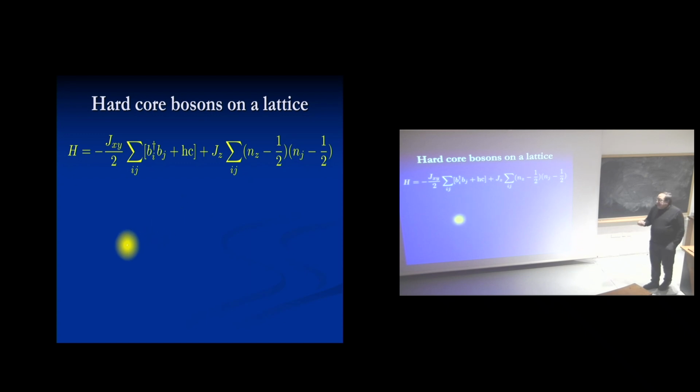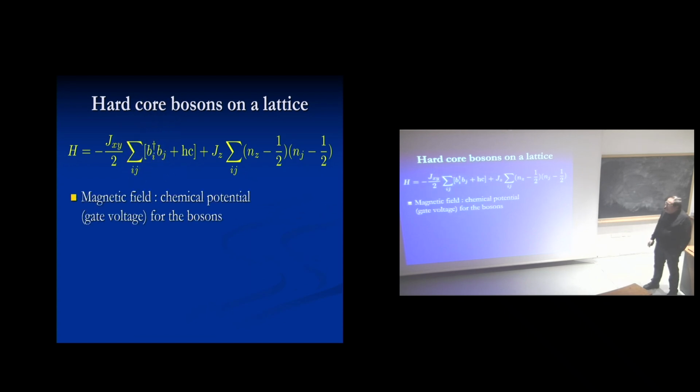Hardcore bosons on a lattice, here is the Hamiltonian that we could write. As I told you last time, hardcore bosons on a lattice are a very good mapping to spin 1/2. So this is the S plus S minus term, and this is the nearest neighbor repulsion of the bosons, but this is the SZ term.